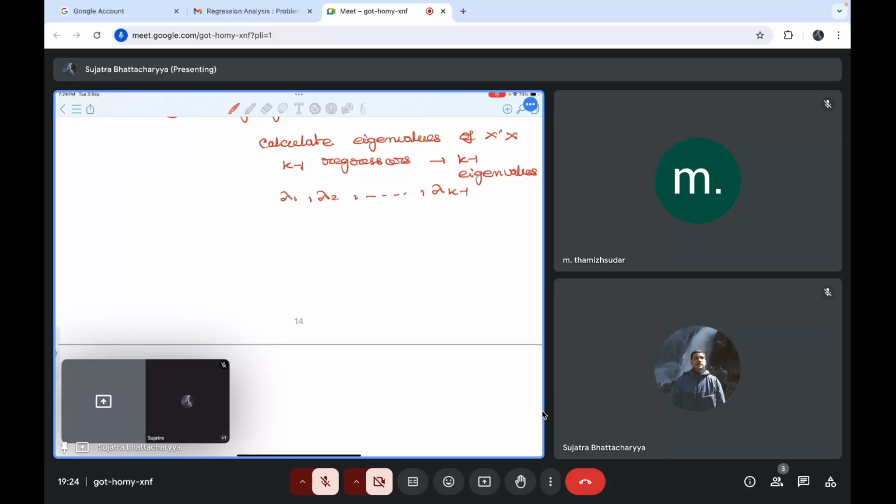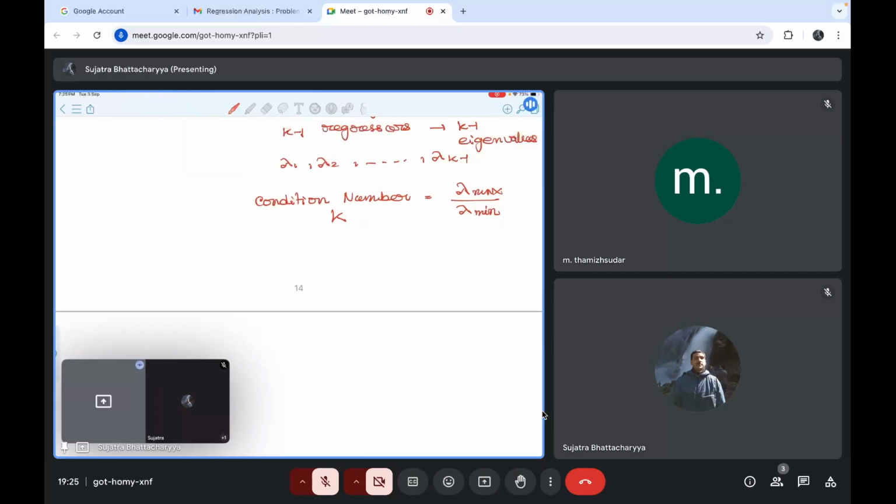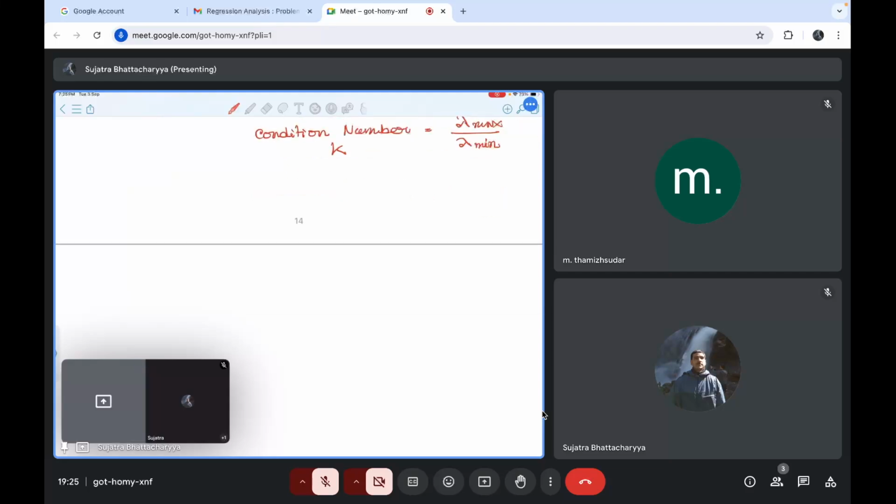Correct? We define a number called the condition number, denoted as kappa, which is lambda max divided by lambda min. For a two regressor model, you have one lambda max and another lambda min, but for a k minus 1 regressor model, you have to check each and every part. Now if lambda min is very close to 0, then the condition number will tend to a very large value or infinity.